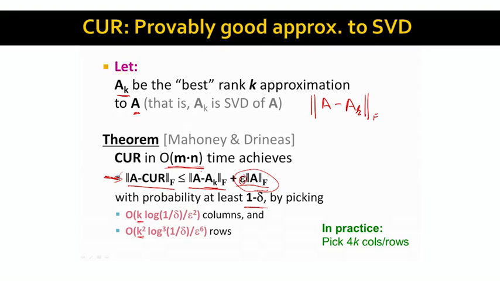This is a complicated theorem, but what this means is that in practice we pick about 4k rows and columns, and we will do as well as SVD does when SVD picks k rows and columns. So CUR needs more of those, but there is an important structure in real data which actually allows us to do much better with CUR than we can do with SVD.